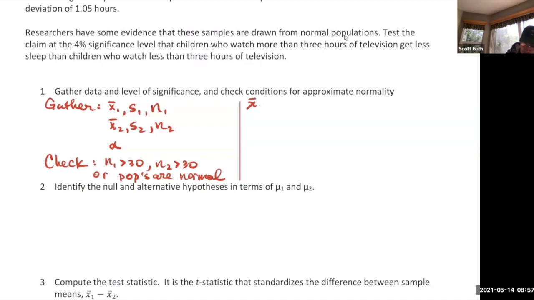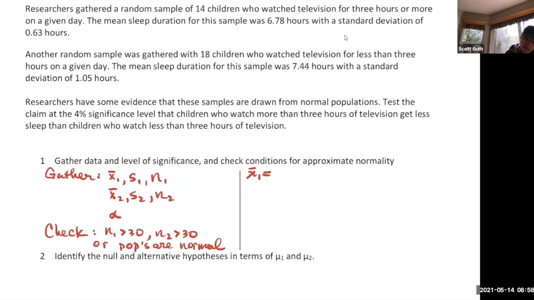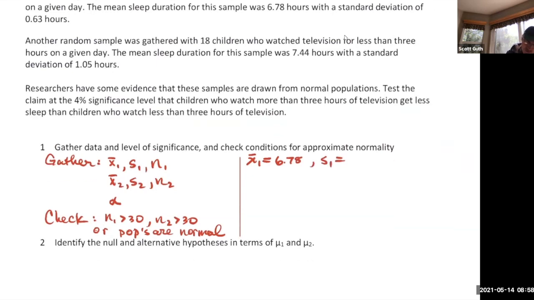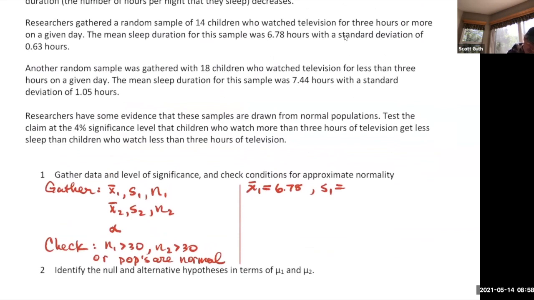X bar 1 is the first mean, which was 6.78 hours. S1 is the first standard deviation, which was 0.63 hours. N1 is the sample size, so that's 14 kids.